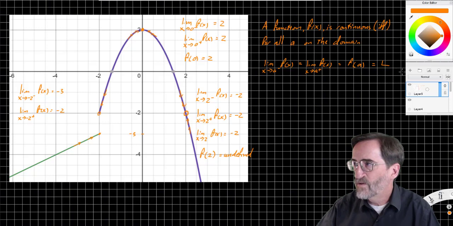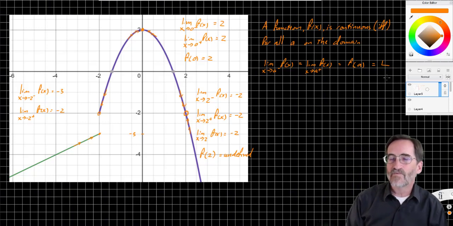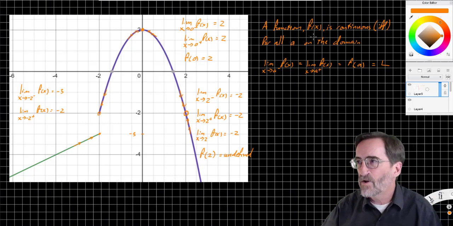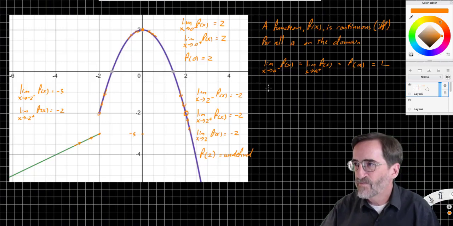Equals L, some constant limit. So if all three are in agreement for all A in the domain, it is a continuous function.